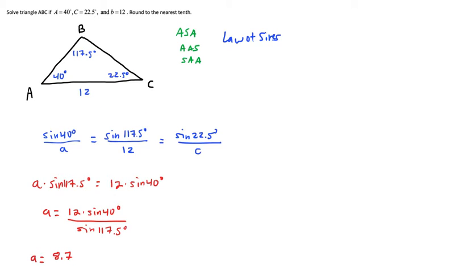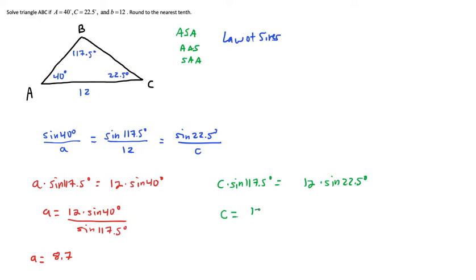And similarly for side C, we just use this proportion and cross multiply. So C times the sine of 117.5 degrees is equal to 12 times the sine of 22.5 degrees. And similarly, we'll divide that out.